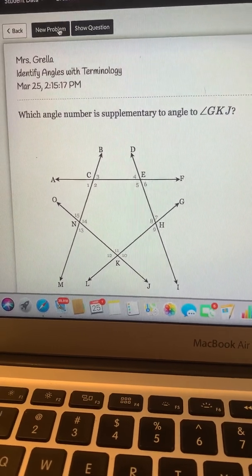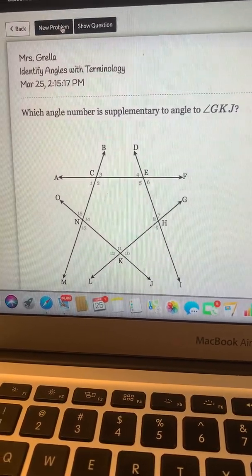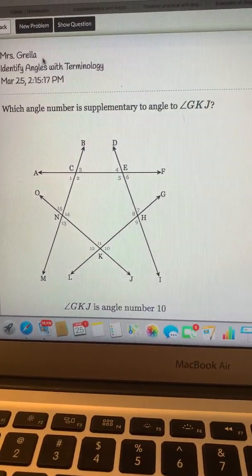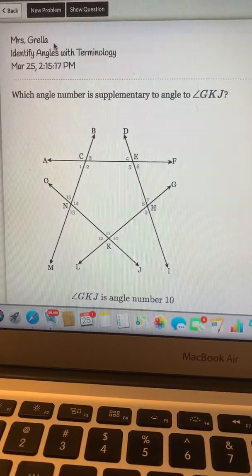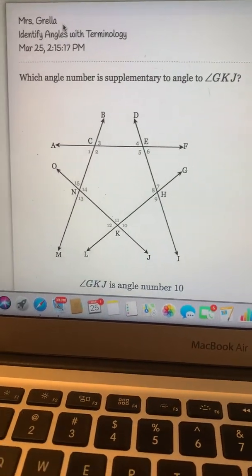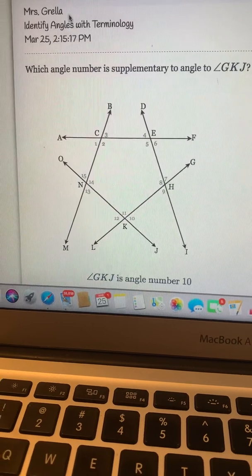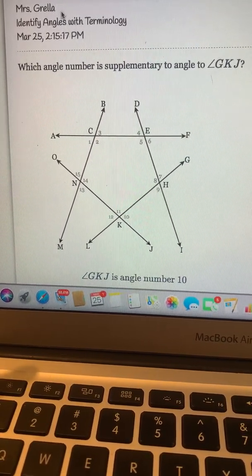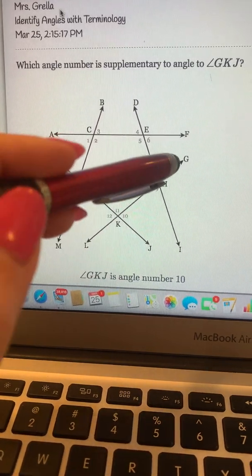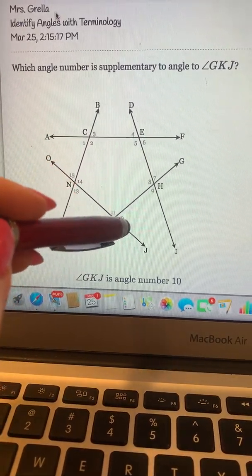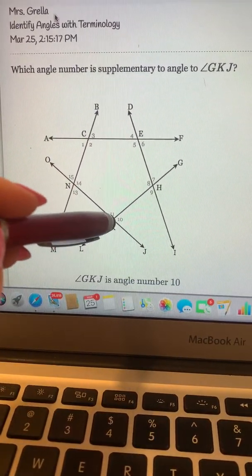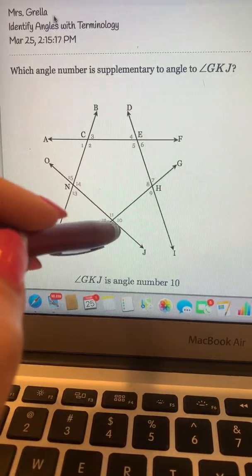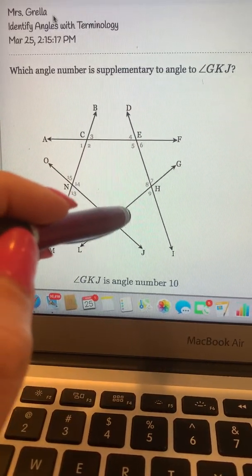Same thing with this one. They're asking which one is supplementary. So again, they could ask you vertical, supplementary, maybe even complementary if you see right angles in here. But since we want the supplementary angle to GKJ, so G to K to J, that's angle 10 that is in between those.